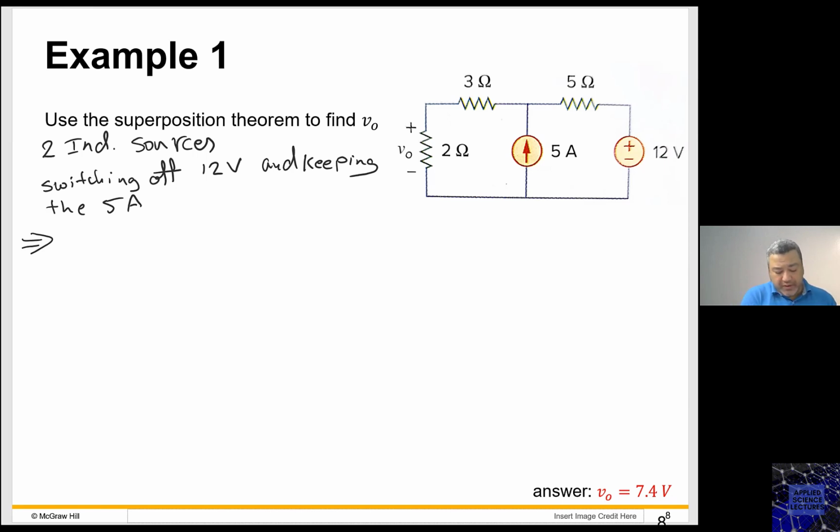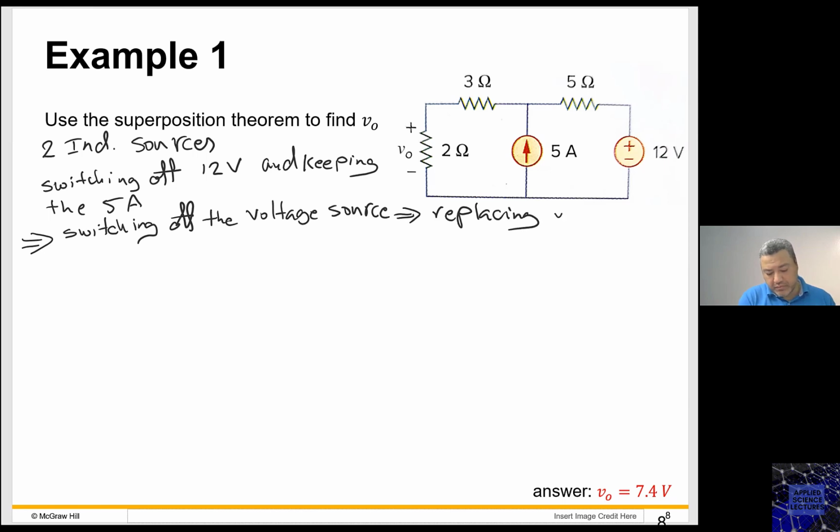Switching it off, replacing it with a wire, so it becomes 0 volt.